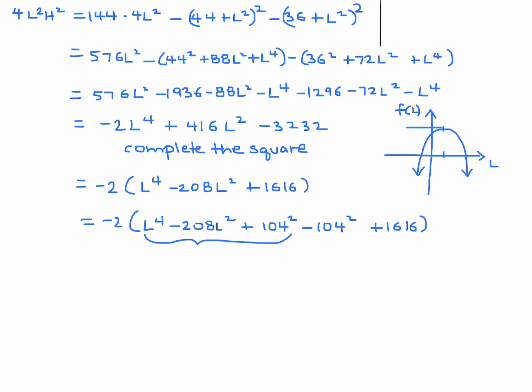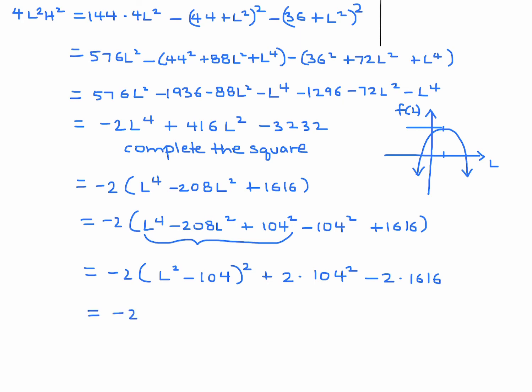What this does is allows you to very nicely factor those three. And when you do, it becomes L squared minus 104 squared. And then you have to kick these guys out of the brackets. But when you do, you have to remember to multiply by that guy. Don't forget that. So it becomes plus 2 times 104 squared minus 2 times 1616.